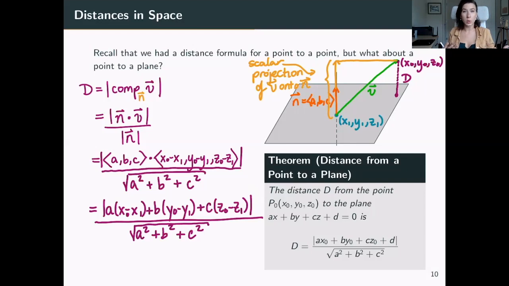We can then reorganize the equation here to separate out stuff that has to do with the plane and stuff that has to do with the point.